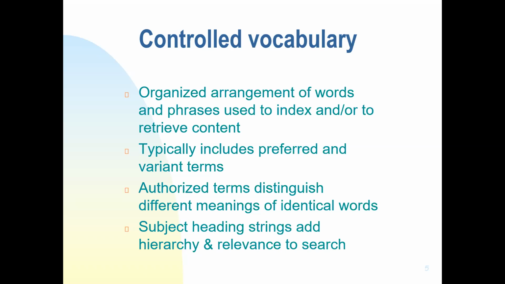It takes a main subject term and adds additional terms called subdivisions to narrow it to a particular aspect of that term. And we'll see how that works as we go along. And subject strings are constructed in two different ways. Sometimes they're already created in an authority record, but sometimes the cataloger builds them. And we look at the authority record to determine when we can add a subdivision to a particular term.